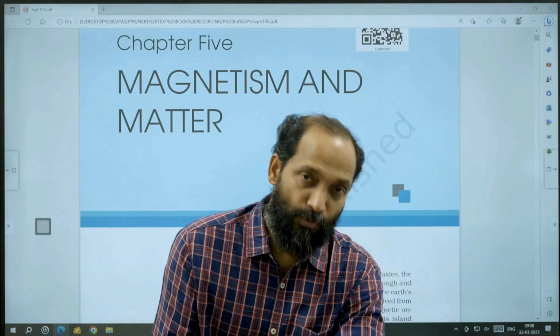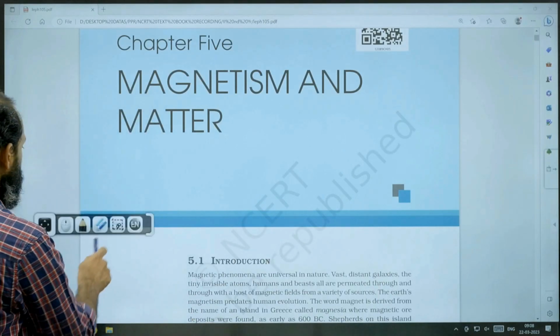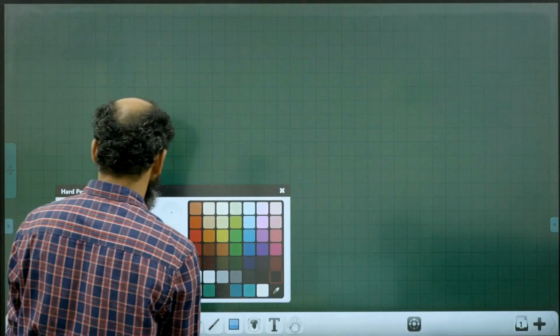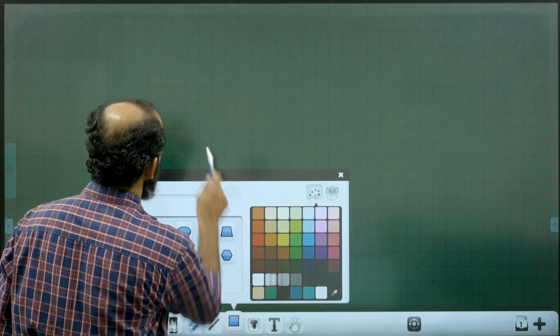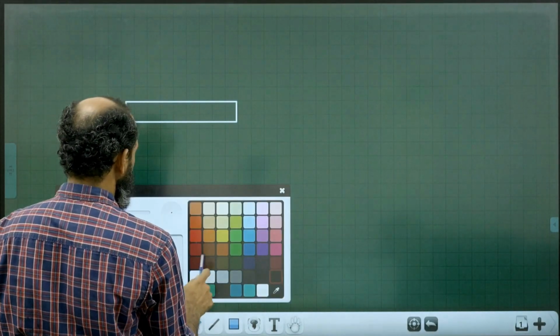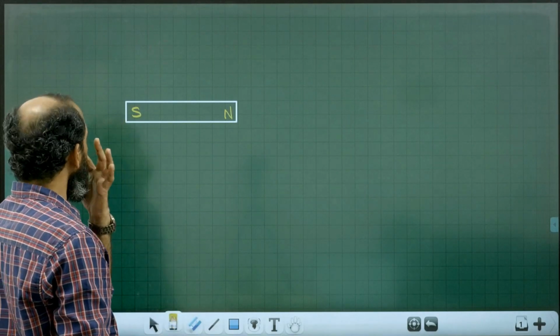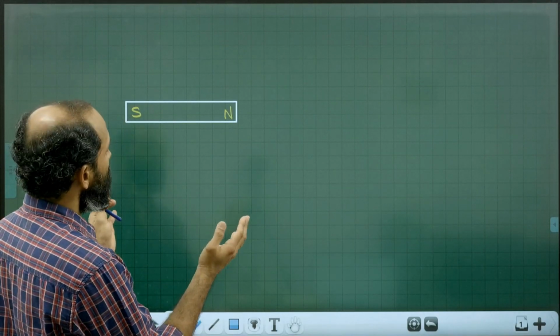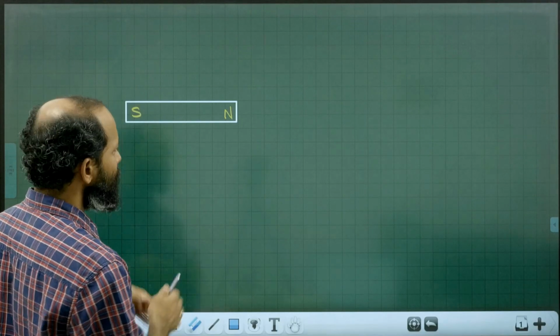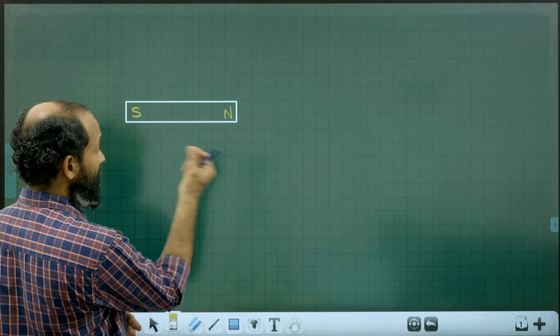So when you draw the picture of a permanent magnet, maybe this one, which has a south and north pole, the magnetic poles are slightly found to be inside the geographic ends.